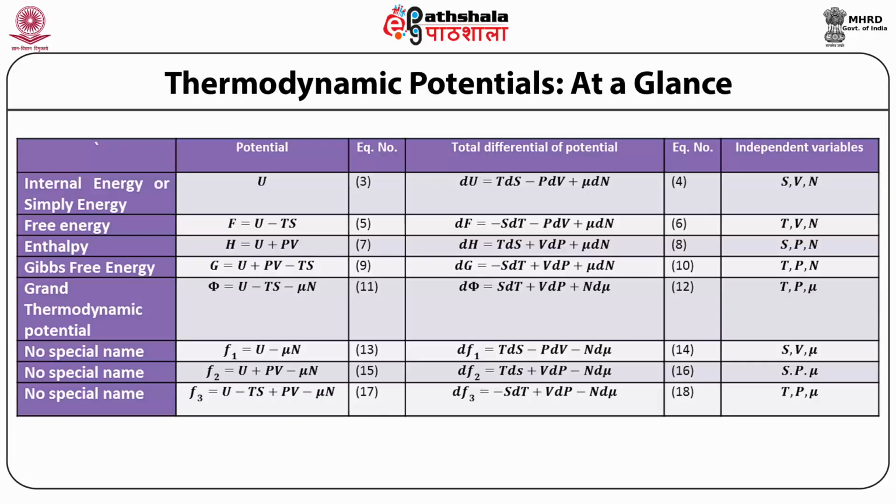And grand thermodynamical potential, which we are representing by phi, has 3 independent variables: temperature, pressure and chemical potential.